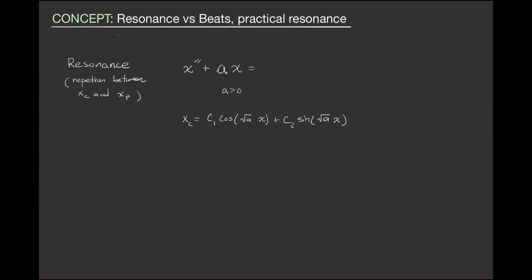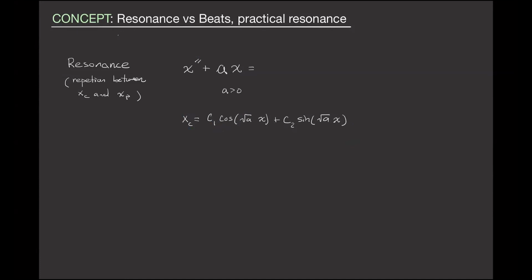You can get that directly just from looking at the characteristic polynomial of this, finding the roots. Your roots are going to be plus and minus square root of a times i. Since there's no real term there, it's just imaginary, we won't have any damping. And that's just what our solution will look like, our complementary solution.